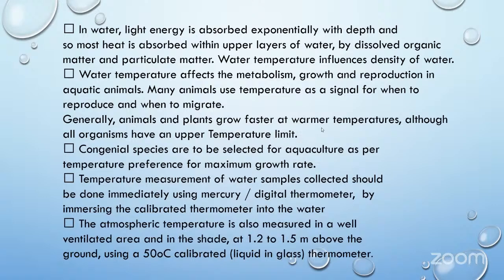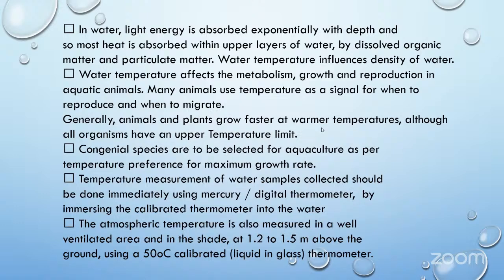In water, light energy is absorbed exponentially with depth, and so most heat is absorbed within the upper layers of water by dissolved organic matter and particulate matter. Water temperature influences the density of water. Water temperature affects the metabolism, growth, and reproduction in aquatic animals.